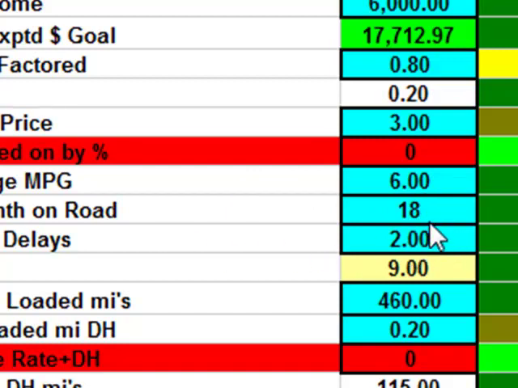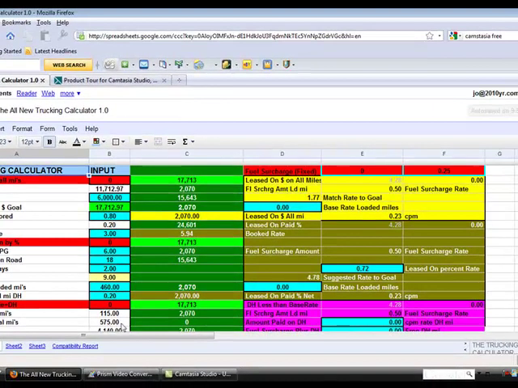I only manipulated these two to make this say 9, because when you run round trip, you don't get that many loads per month. So 8 or 9 is about what you need to be, and they're about 400 miles. Okay, then 20% of that is deadhead, so that's about 115. The total miles per load is like 575.